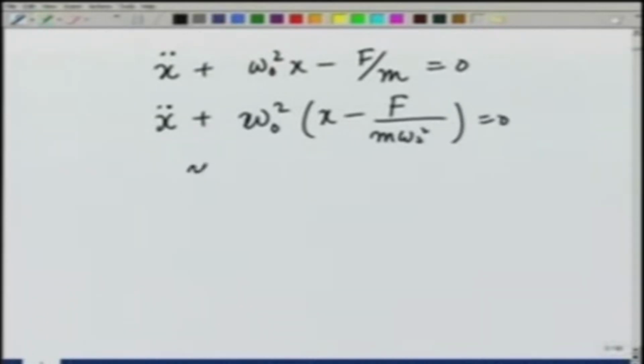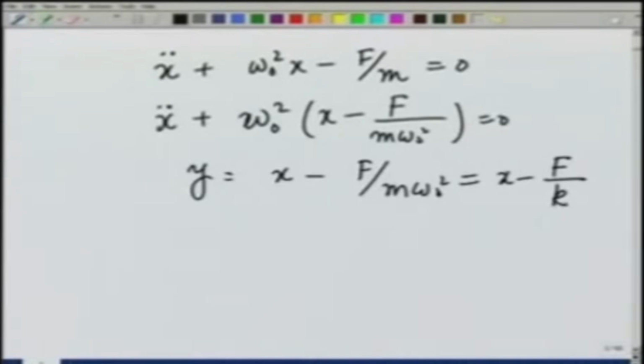Redefine y equal to x minus f over m omega 0 square, or equivalently x minus f over k, and your equation looks like y double dot plus omega 0 square y is equal to 0.